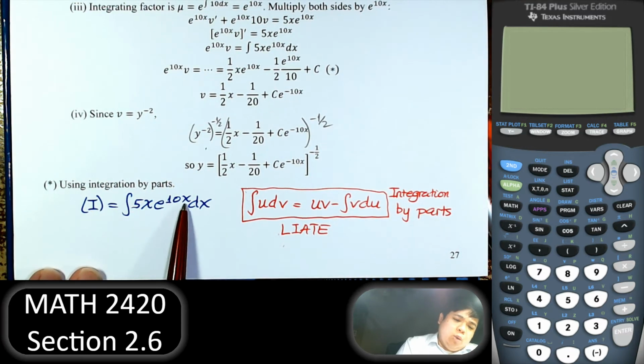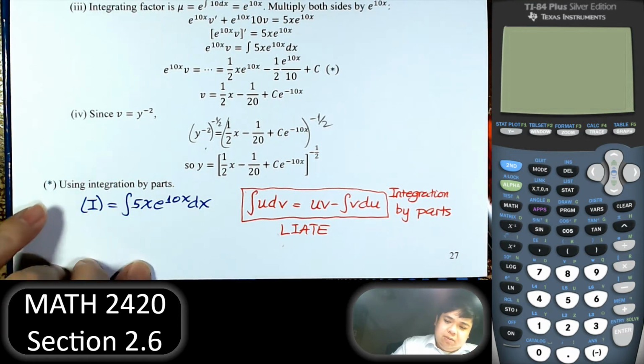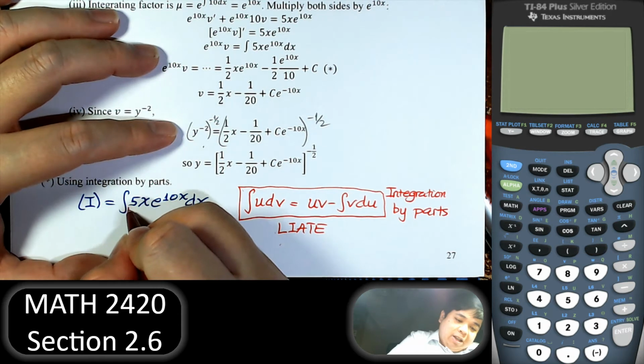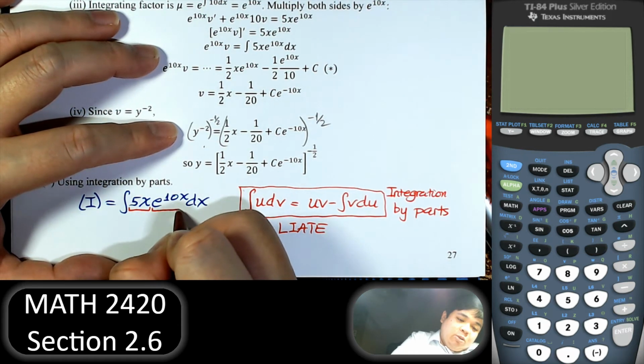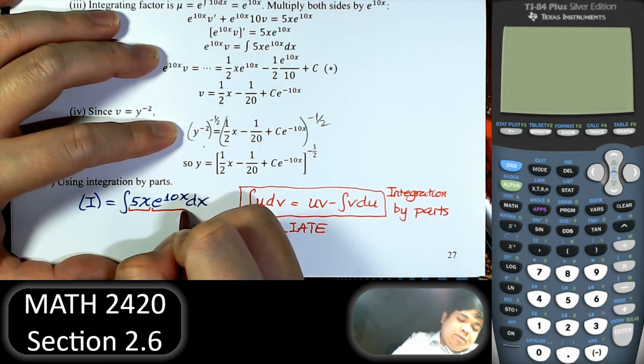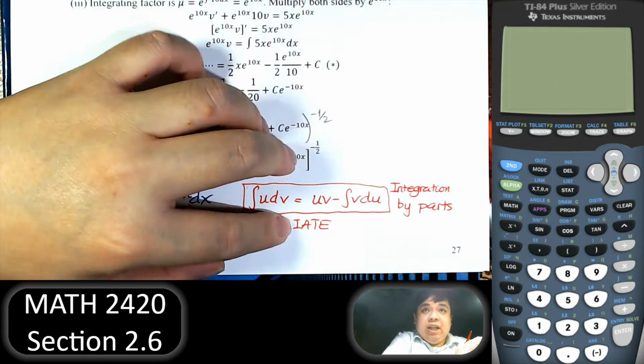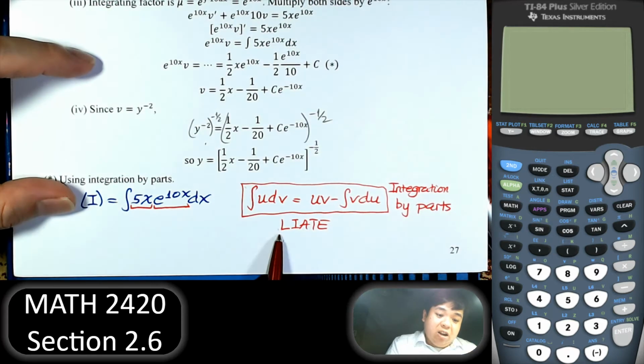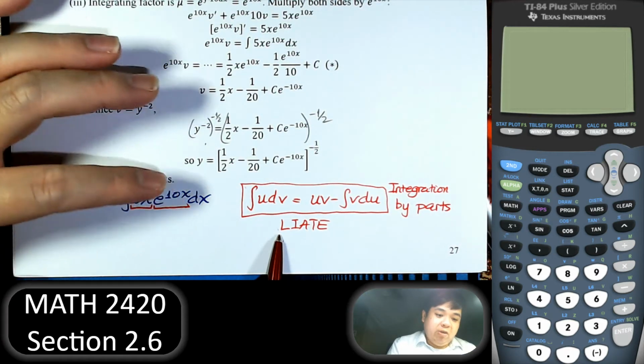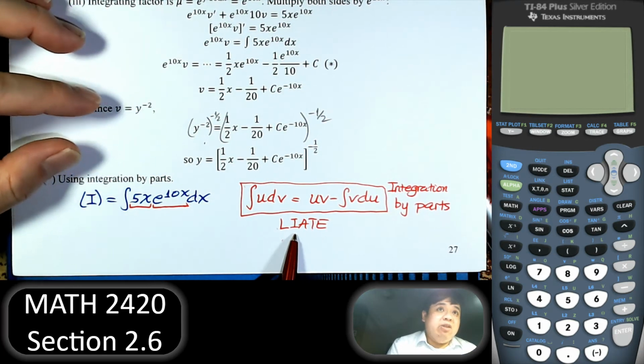Now when we look at this, we have 5x, and then we have the other one. Whatever we let equal to u will be in priority. Do we have any log? No. Any inverse trig function?